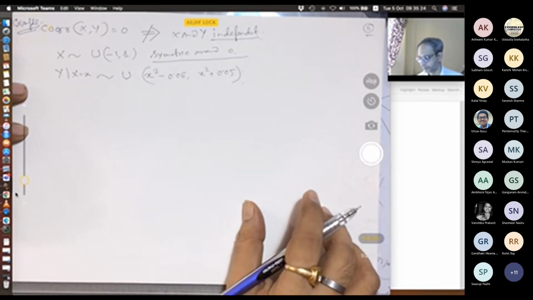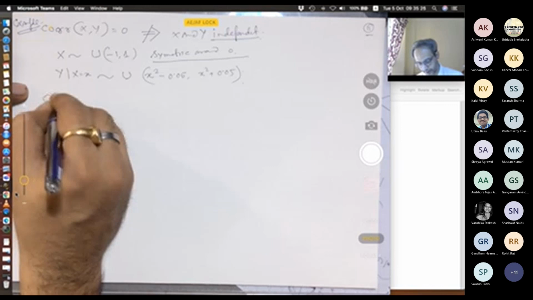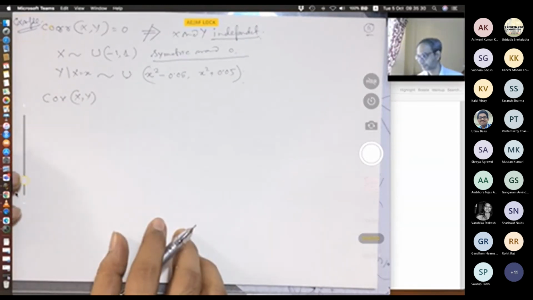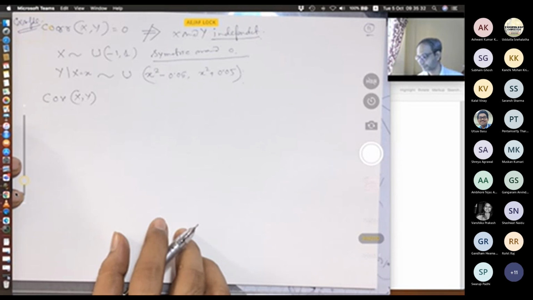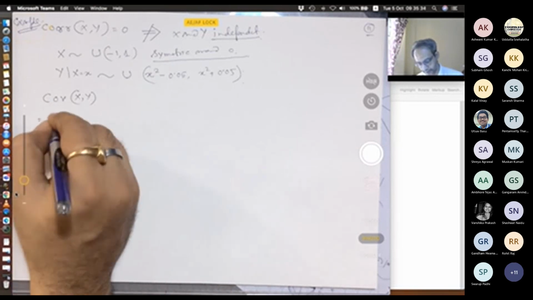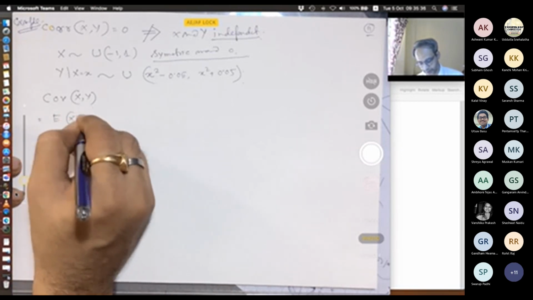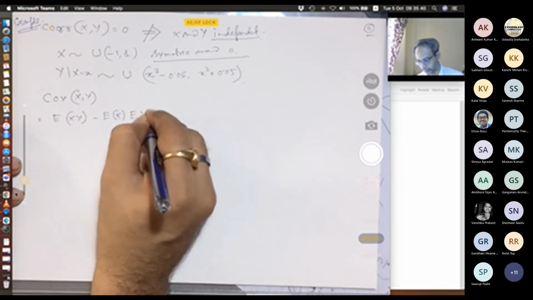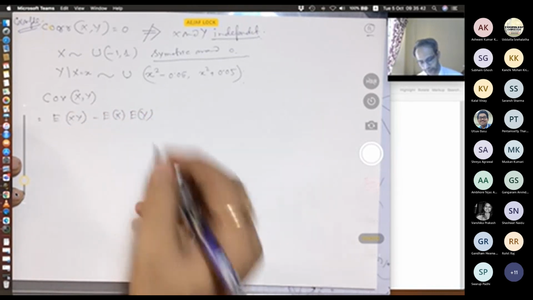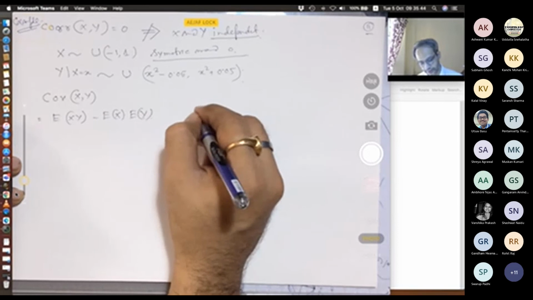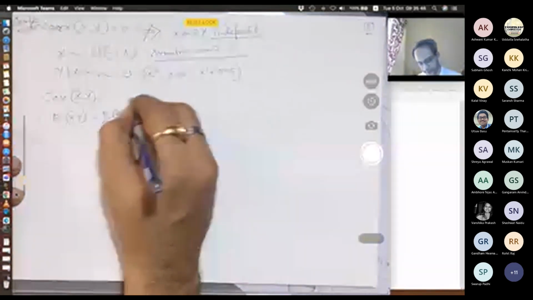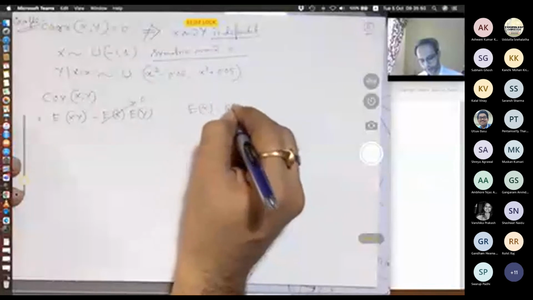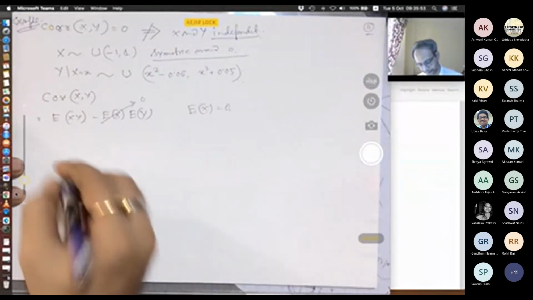Okay. So what will be the covariance of xy? Go by the definition. Expectation of x into y minus expectation of x into expectation of y. Okay. So what you know is that this quantity will be 0. Expectation of x is 0 because it is symmetric around 0.